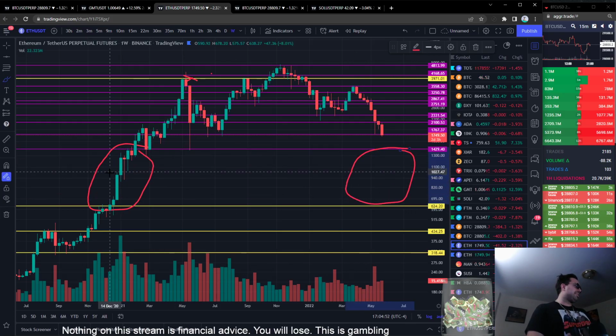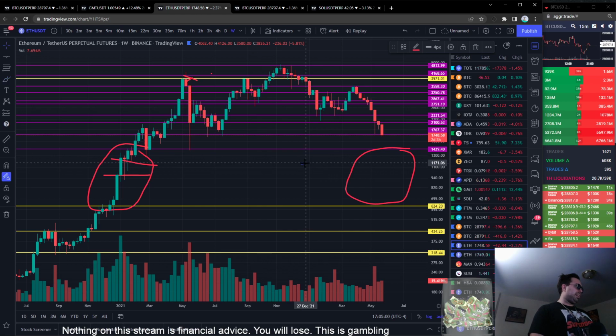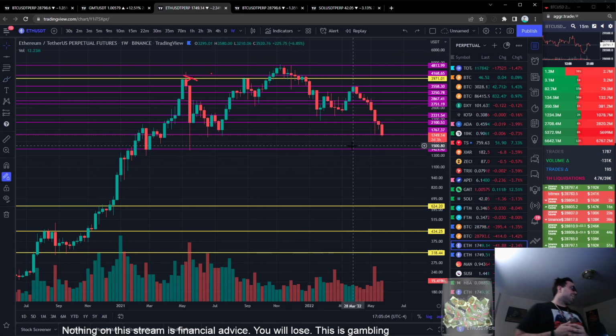There really isn't support. You could say there's some support here and there, and there's going to be some small support, but it's not going to be very strong. So that's why I'm afraid of a free fall, because this doesn't look good if it continues falling, right?